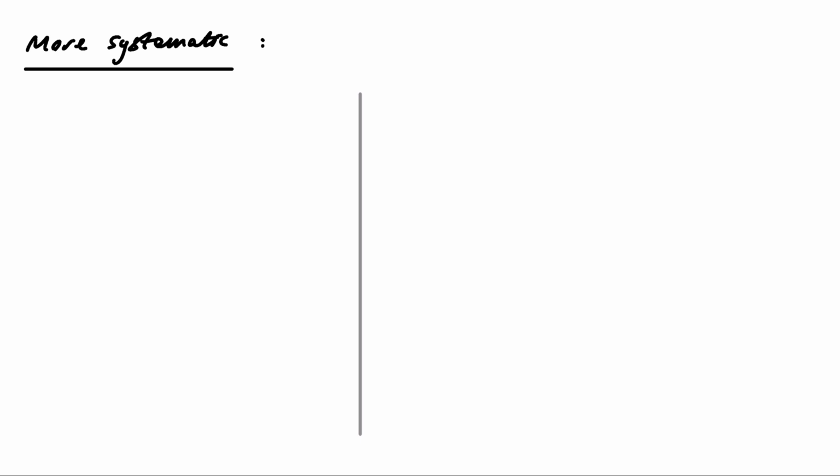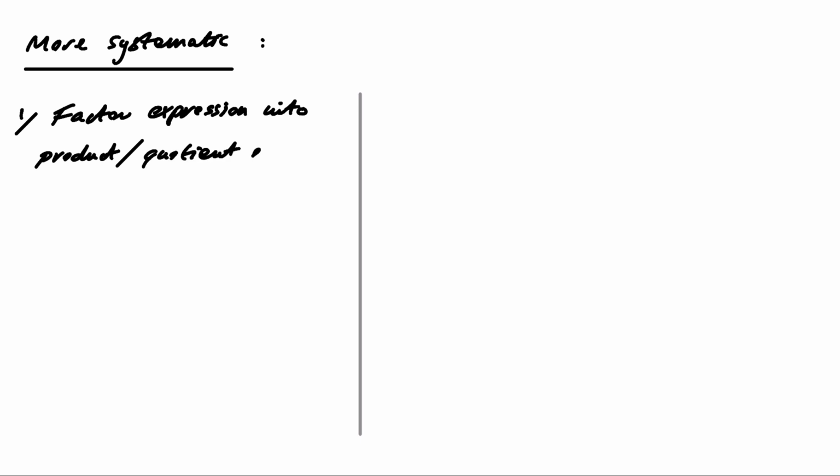So first of all, imagine you're trying to do sign analysis, so determining when things are positive or negative for some expression. The first thing you should do is factor the expression into a product, or indeed quotient, of simple pieces, of simple terms.